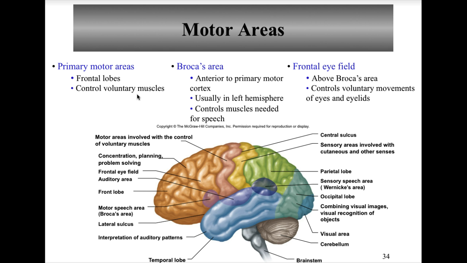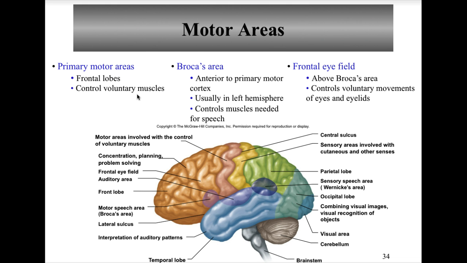The last part would be the motor areas of the cortex of the cerebrum. These are located in the frontal cortex. And you have the primary motor area, which initiates all voluntary muscle movements, and it's located in the gyrus just anterior to the central sulcus, or the precentral gyrus. You have Broca's area, and that is the motor speech area, and it's located in the frontal lobe above the temporal lobe.